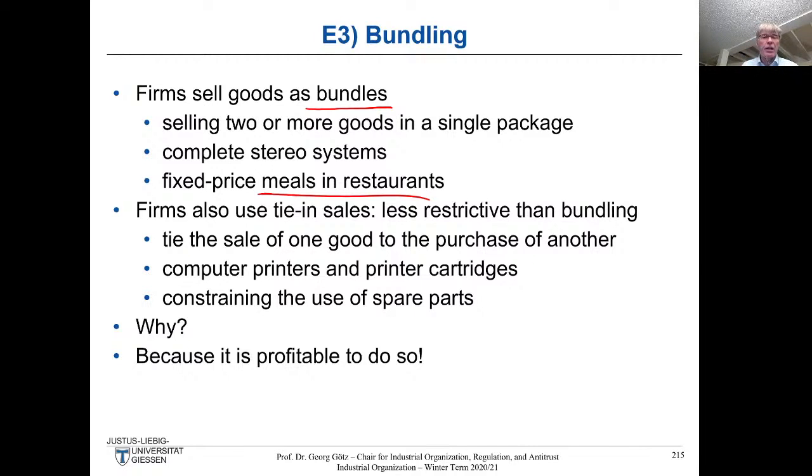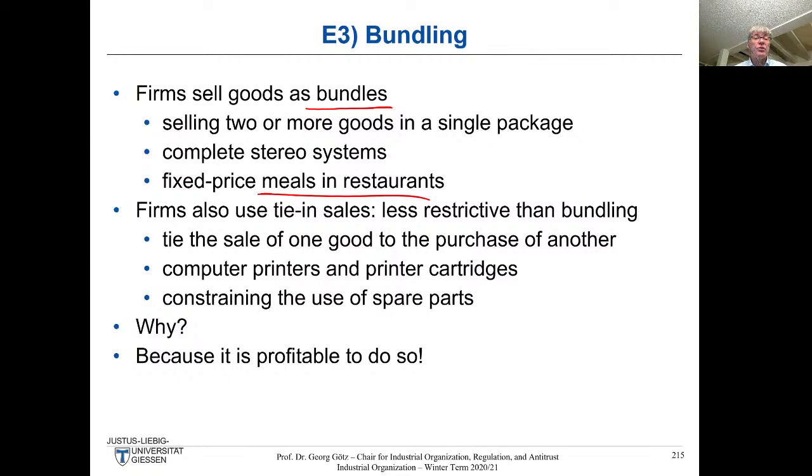I think Microsoft no longer sells individual programs like Excel or Word. In terms of TV channels, you typically can only buy bundles. With cable TV, you can only buy bundles where you have, I don't know, 50 or 60 different channels included.